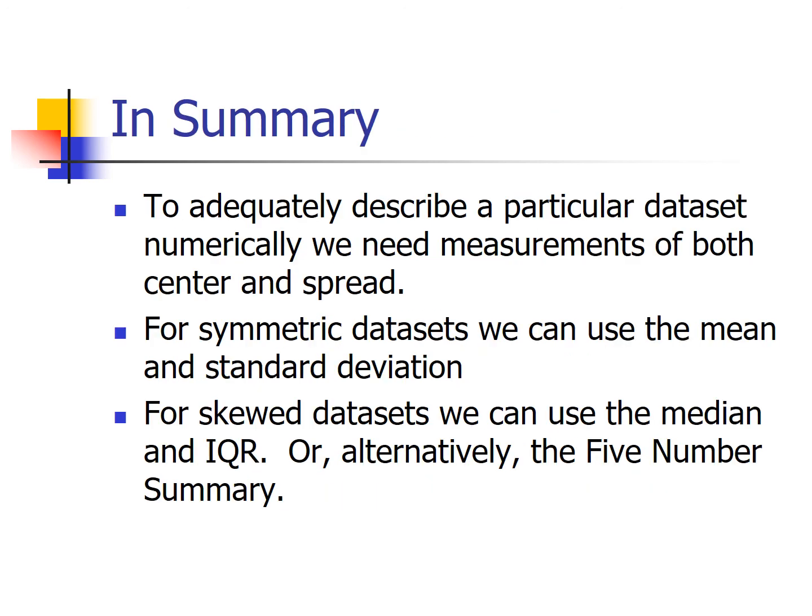So, to bring it all together, to summarize, to adequately describe a particular data set numerically, we need at least measurements of average and measurements of dispersion, measurements of center and spread. Now, for reasons that are maybe not obvious to us now, our goal as researchers is to always use the sample mean whenever possible.